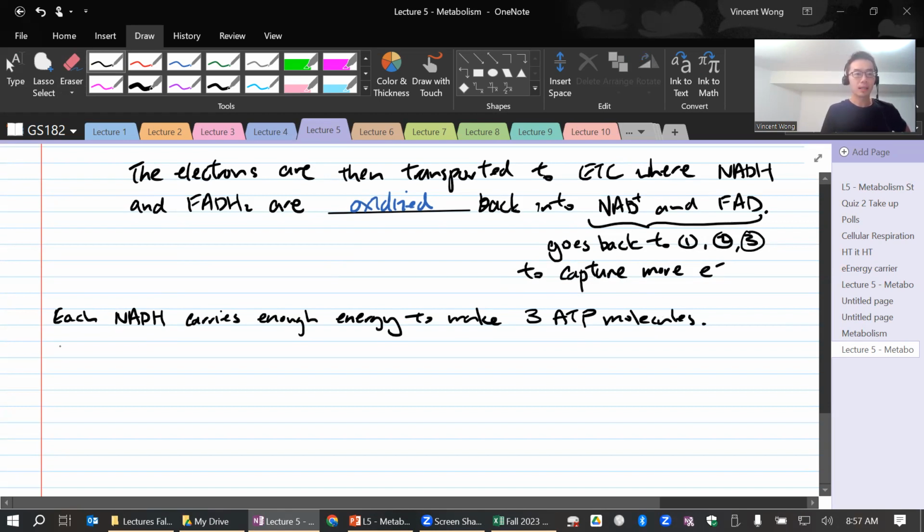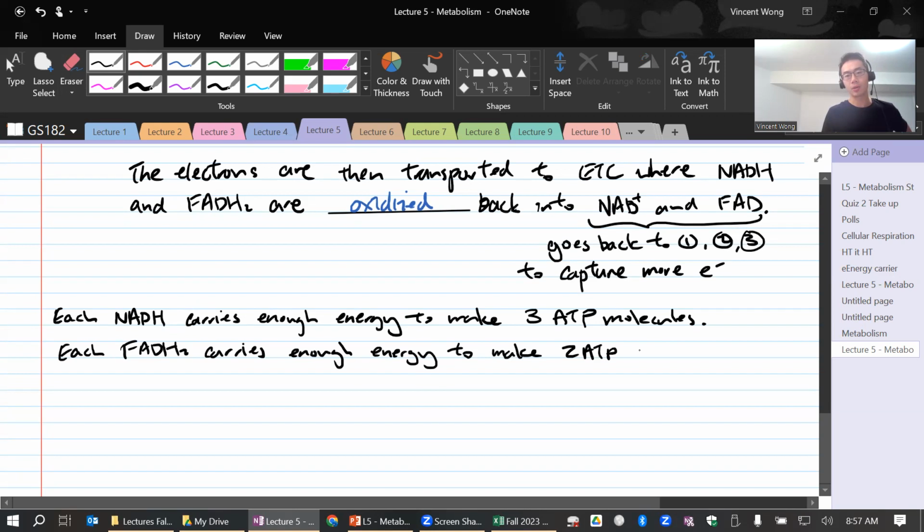Okay? And each FADH2 carries enough energy to make 2 ATP molecules.